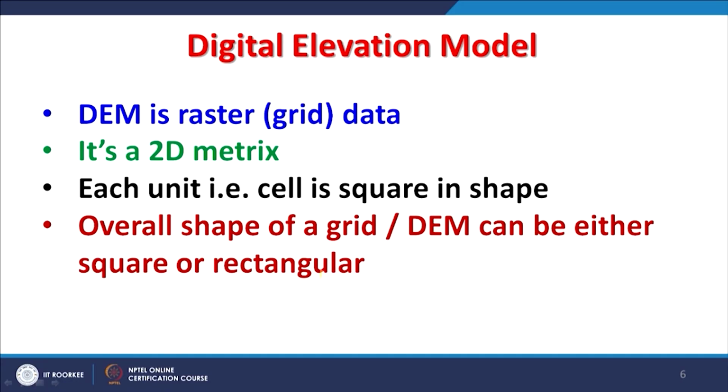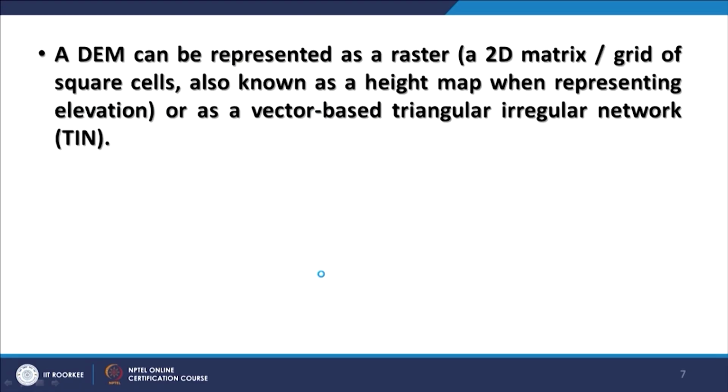Then the shape of that boundary is not square or rectangular, so the concept of no data comes in. Otherwise, concept-wise, it's a two-dimensional matrix, and this two-dimensional matrix can have only two overall shapes, either square or rectangular.